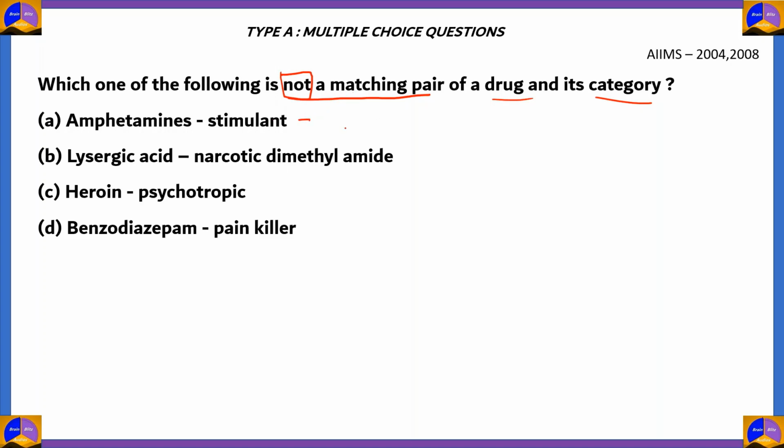Now this is correct because amphetamine is used as an anti-sleep drug and it stimulates the central nervous system. So the matchup is true, which makes the option incorrect actually. Since it's true, the option is incorrect because we're asking to find out which of these is false.